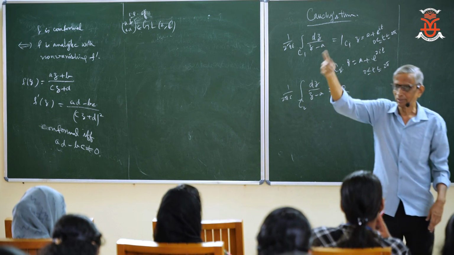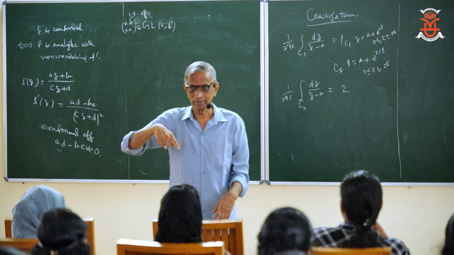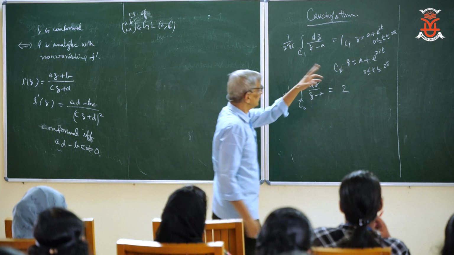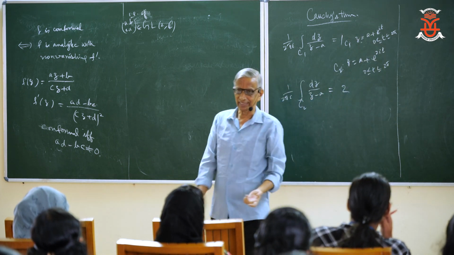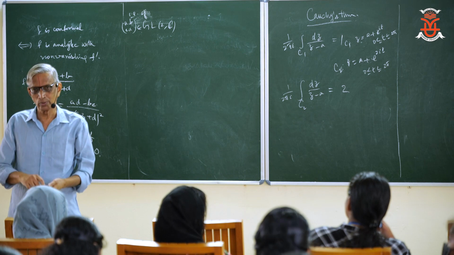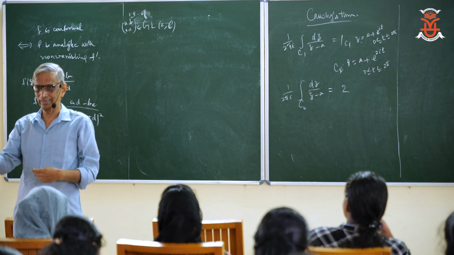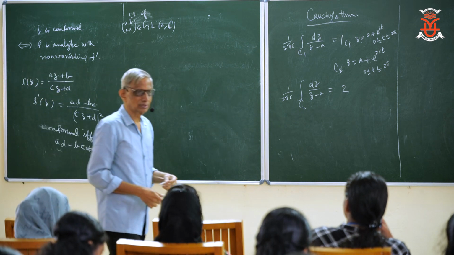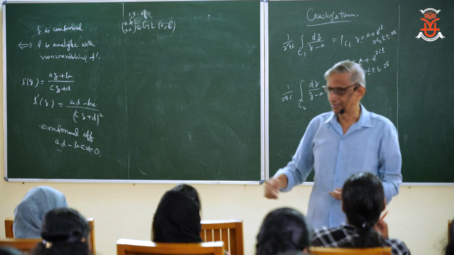So it goes around the circle twice, right? Or, for example, if you take e power minus it there, it will go around the circle, but in the opposite sense. Right? So in that case, you will get minus 1 as the integral.